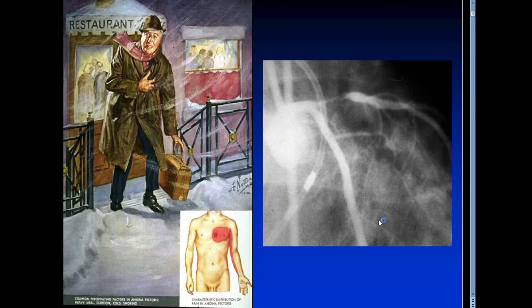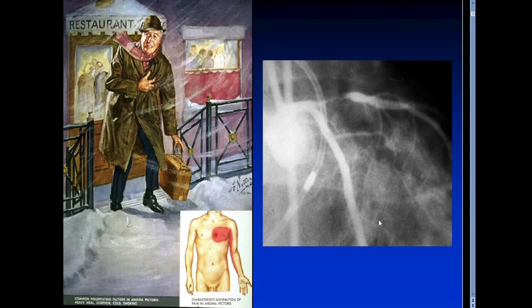So this man came out of a good refreshment place after a good meal into the cold weather and had a pressing, squeezing substernal pain with the typical irradiation to the left shoulder, to the left arm.